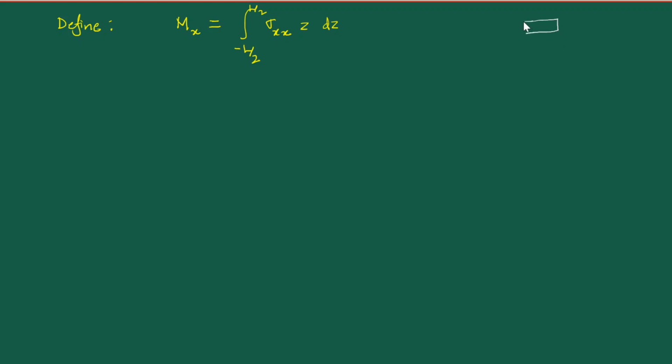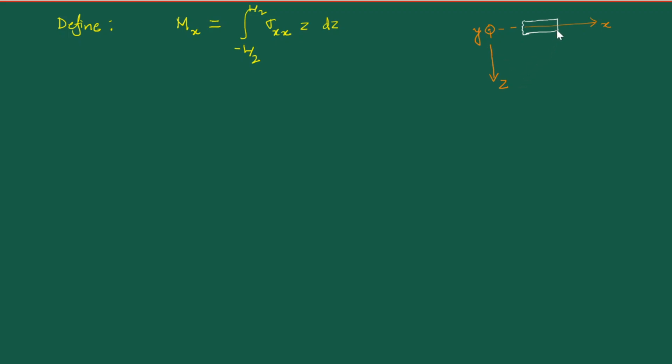Okay, our plate, this jagged line means that there is more of the plate here, which I'm not drawing. This is the x direction, this is the z direction, and out of the plane of the screen would be our y direction.